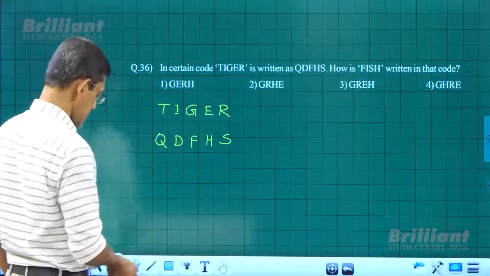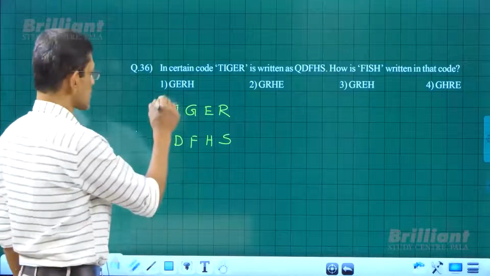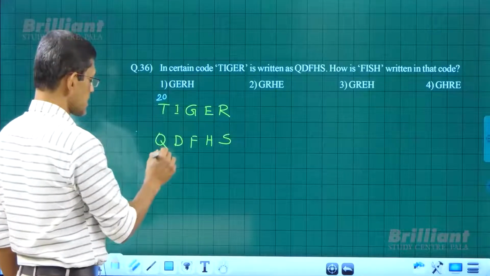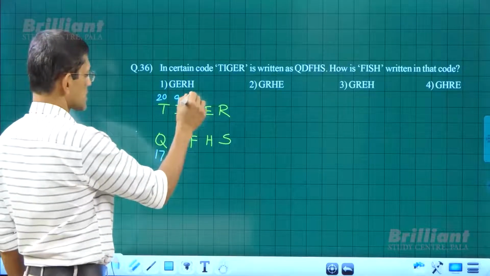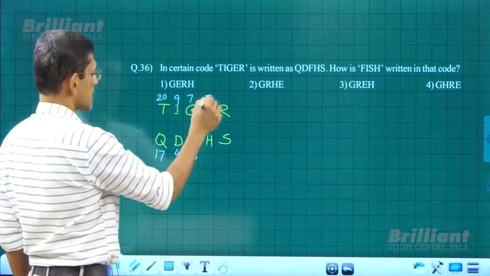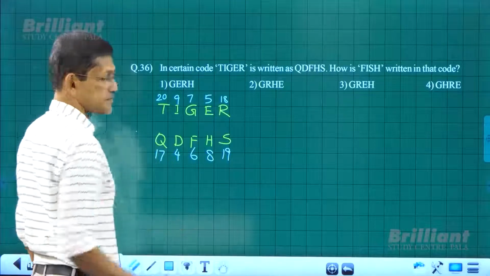How is it coded? In the normal case, we go for position values of letters. What is it? 20, 17, 9, 4, and this one is 7, 6, 5, 8, and this is 18, this is 19.